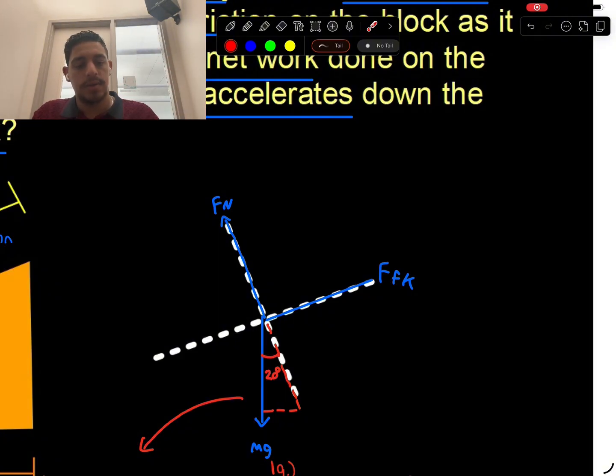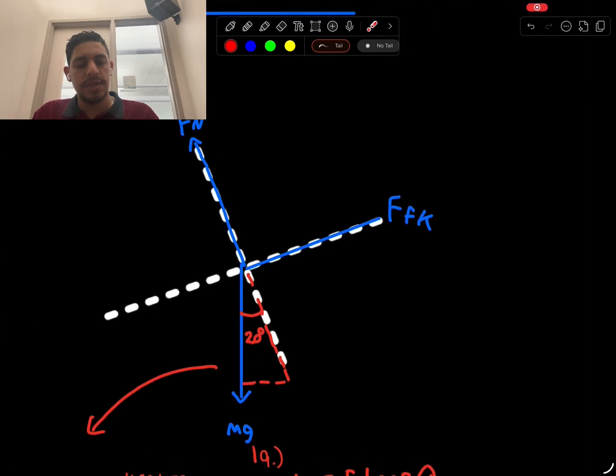So keep that in mind. So now what we see is, once we break it down, we have our normal force in the y direction, and we have our force of friction in the x direction, right? So let me write that down, y direction, x direction.